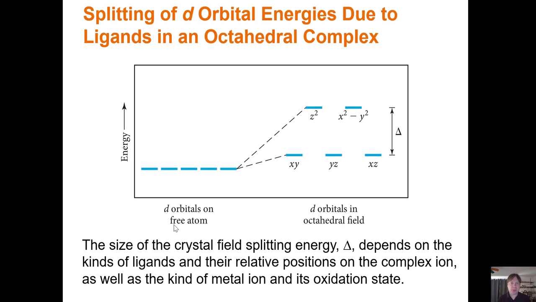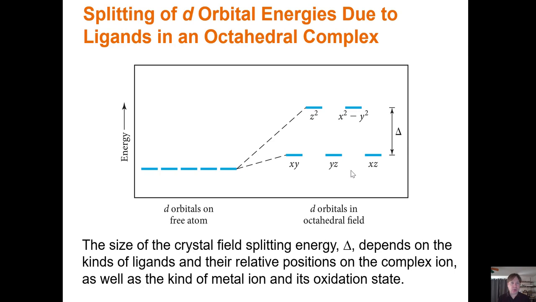We have a splitting occurring for the d orbital energy levels. Over here we're showing that in a free atom, they have lower energy overall because you don't have other electrons trying to be in that same space. And then when you start adding ligands, that energy goes up for all of the electrons. So we see they're all higher energy.